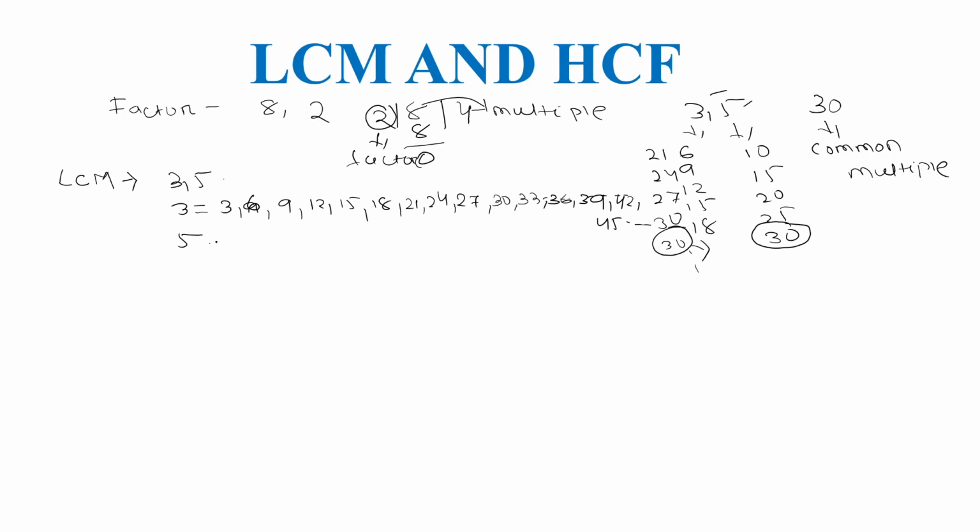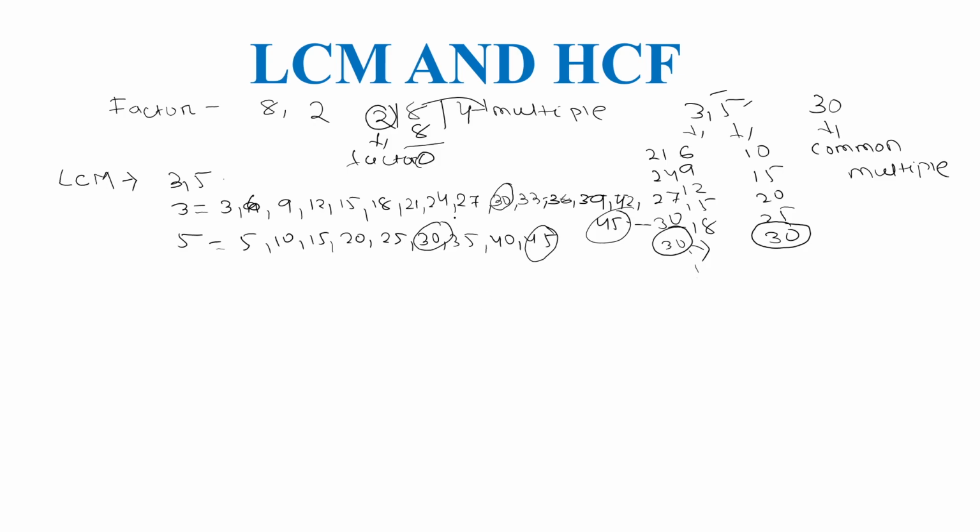Then if you go for the 5, then 5, 10, 15, 20, 25, 30, 35, 40, then 45. So there are common multiples. In this case, common multiples are 45 and 30. So it is saying the least common multiple.